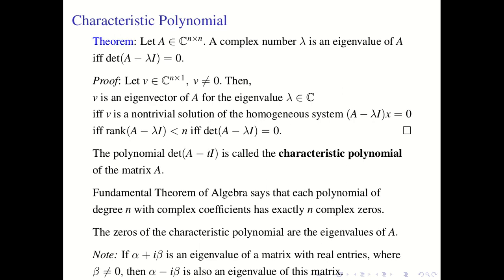So if alpha plus i beta is an eigenvalue of a matrix with real entries where beta is non-zero, then alpha minus i beta is also an eigenvalue of this matrix.